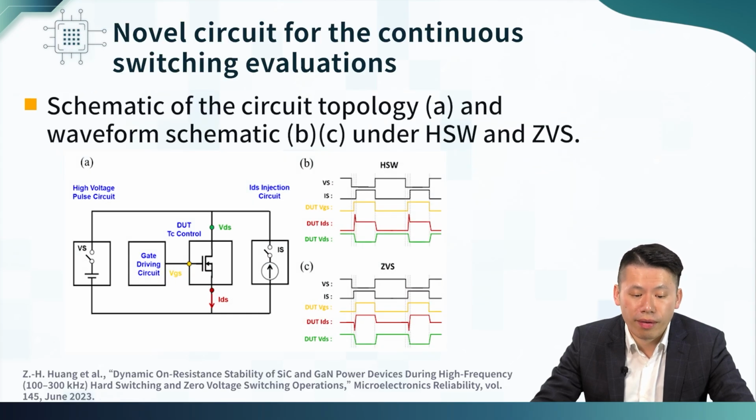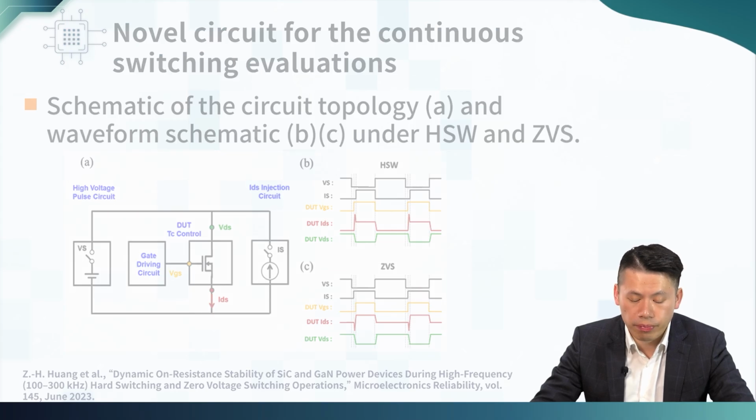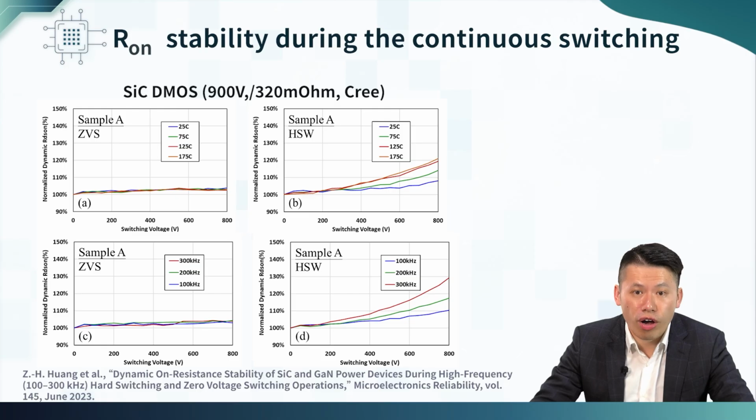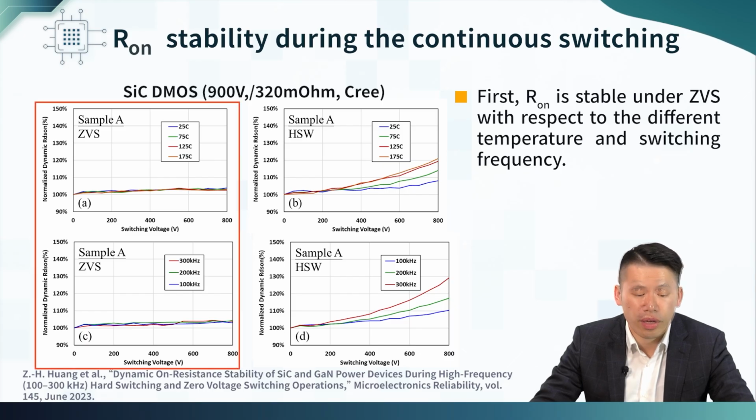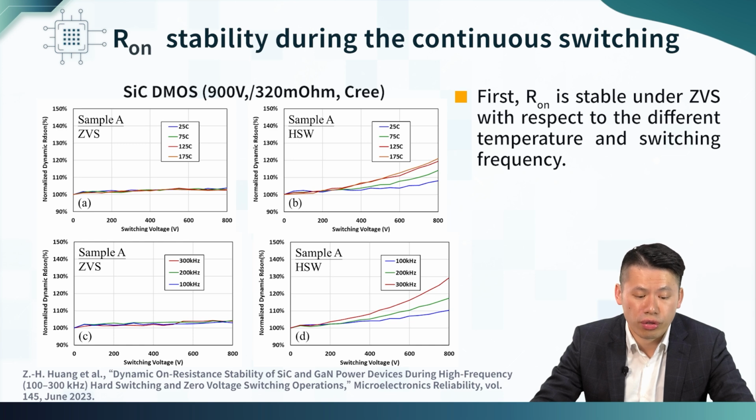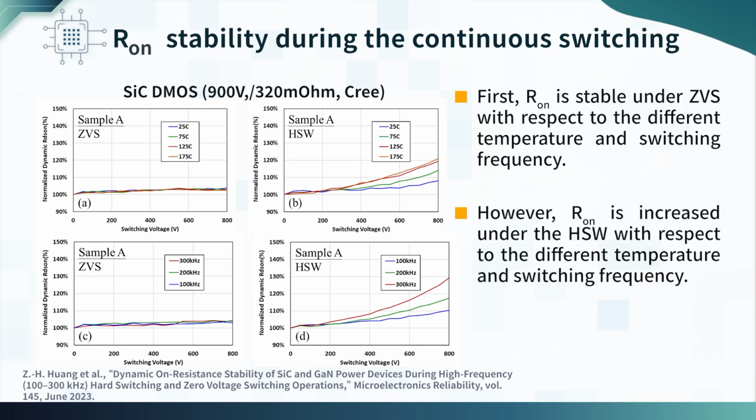We can also consider using the novel circuit, as we previously mentioned, for continuous switching to evaluate the switching stability in the silicon carbide MOSFET, under hot switching and zero voltage switching testing. We found out the following about Ion stability during continuous switching. First, Ion is stable under ZVS with respect to different temperature and switching frequency. There is no obvious Ion degradation observed in this ZVS testing. But Ion is increased under the hot switching with respect to different temperature and switching frequency.